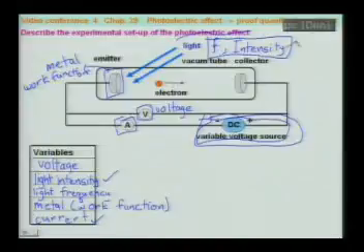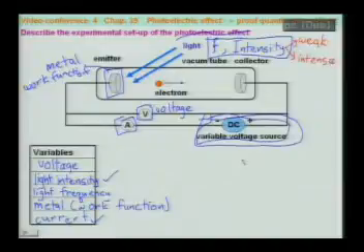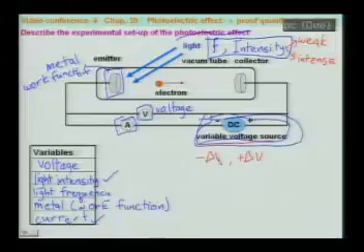So the intensity we can change, either a weak light or an intense light, and then the voltage source. We can make delta V positive, and also negative. So either positive or negative.